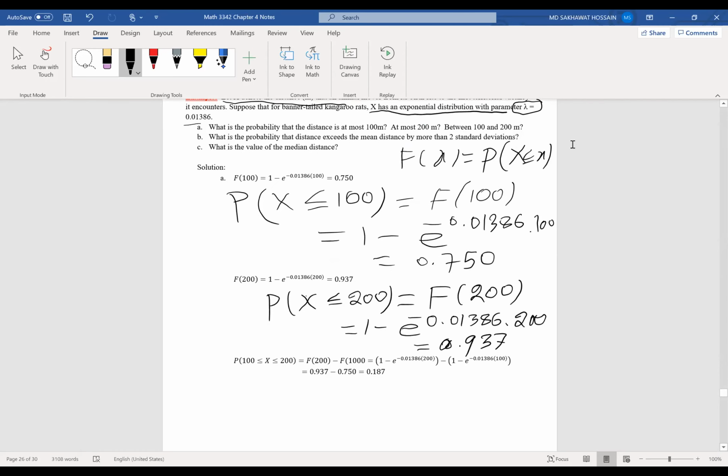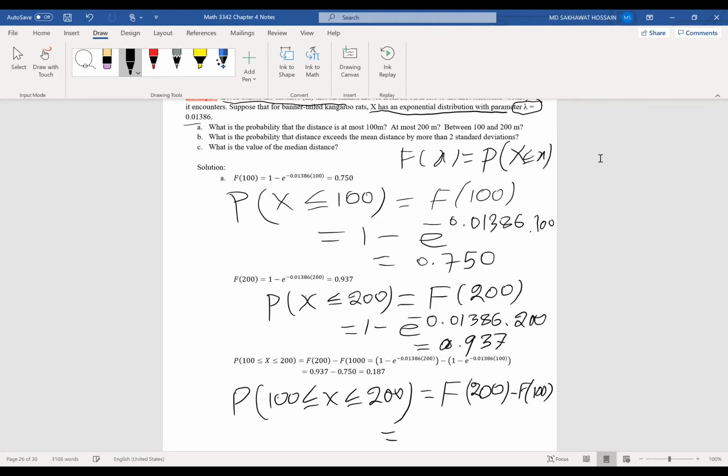The next part is between 100 meters and 200 meters. That means we have to find the probability where x is between 100 and 200. From the properties of the CDF function, you have to subtract the smaller value from the bigger one. So that means F(200) minus F(100).